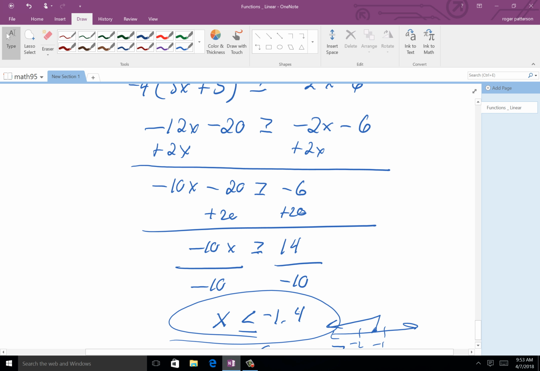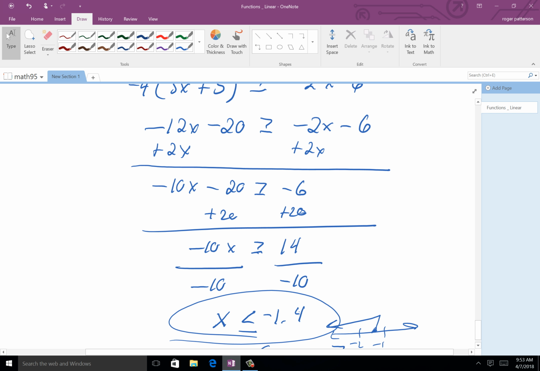This x has got to be less, it's got to be that way. So it's an overlap of these two things, because it's an and, so we're looking for where they're going to overlap. So that means our answer would look like this. This would be a graphical way of demonstrating it.